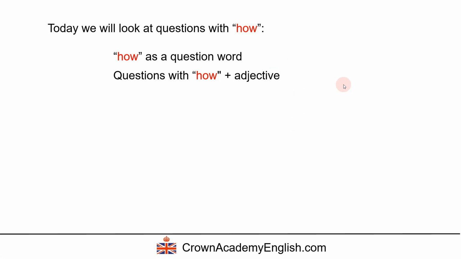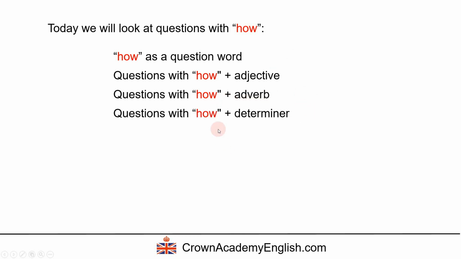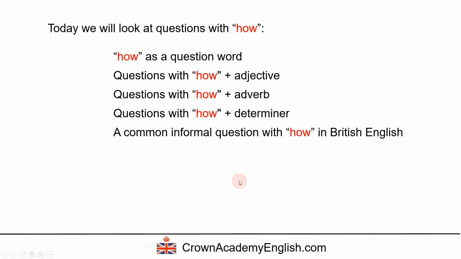Then we'll look at questions with how and an adjective, how and an adverb, how and a determiner, and finally at the end we will look at a common informal question with how, which is unique to British English. This type of question you only really hear in British English, so we'll look at that at the end. So let's start here.